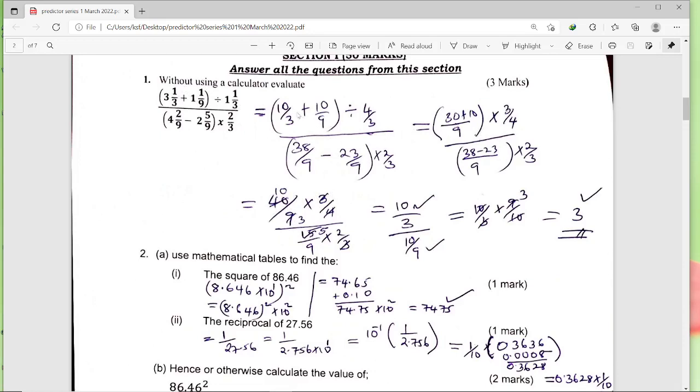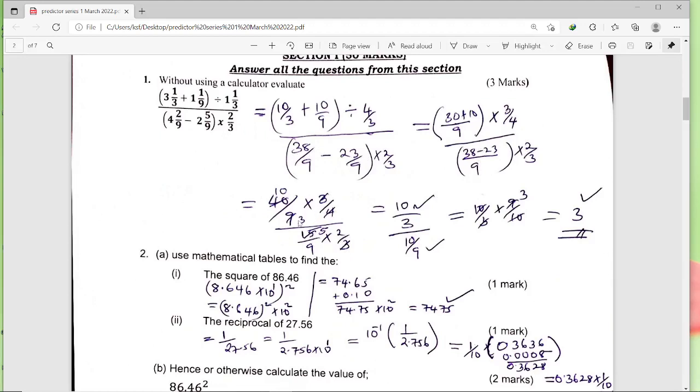Remember I've shown here the LCM between the two is 9. 3 goes into 9, 3 times, then 3 times 10 is 30, plus 9 goes into 9 once, 1 times 10 is 10, so this gives you 40 over 9, times 3 over 4, because there is a division, so you do the reciprocal of it. All over, you also do for the numerator here, the LCM is 9, 9 goes into 9 one time, so it is 38 minus 23, that gives you 15 over 9, then times 2 over 3. That is what I've done here.